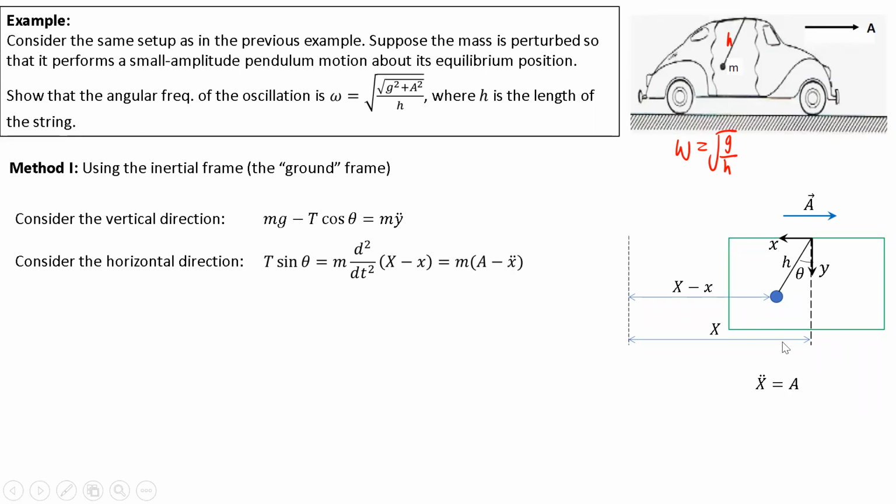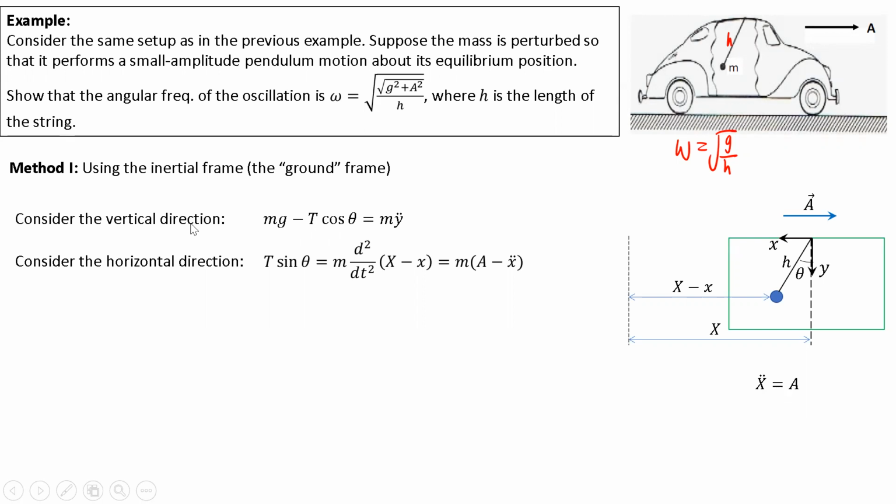Then the position of this mass would be given by capital X minus small x, where small x is the x position of this ball in this coordinate system. Now let's try the two directions, the forces and the equation of motion.